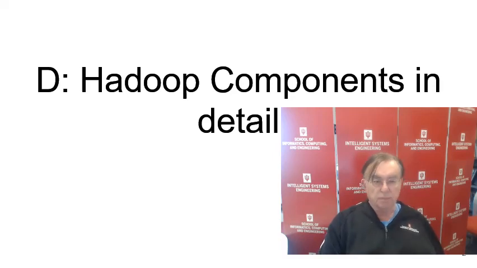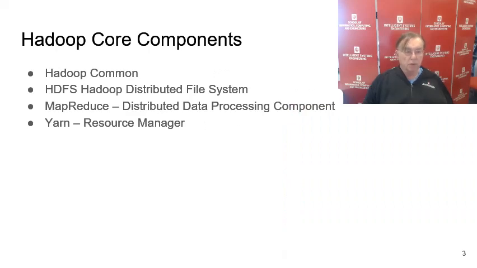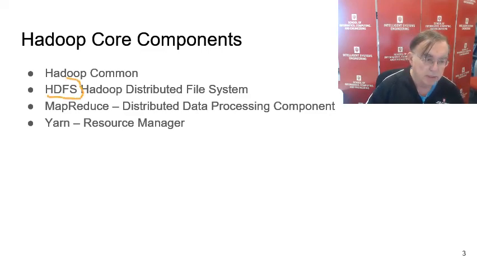If you look at Hadoop, it has several core components, some sort of general common software. This is a software engineering statement. It has the very important HDFS, because I said that's likely to be the part of Hadoop that survives changes. It has the resource manager, Yarn, which is split off in Hadoop 2.